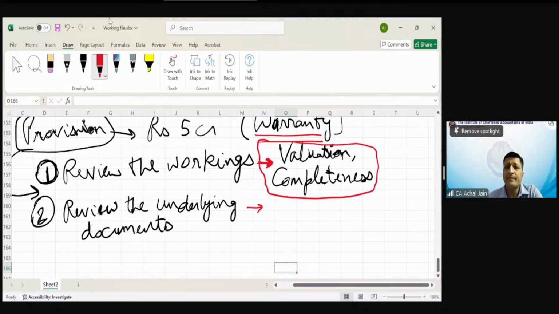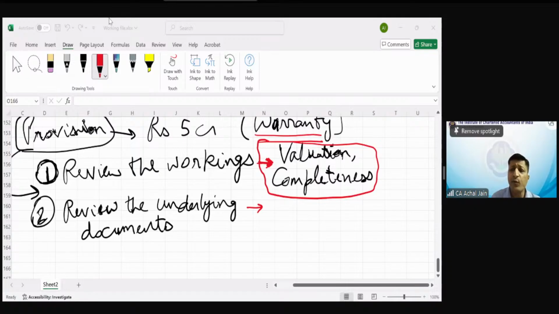Over to you quickly. Okay, so Priyanshi says rights and obligations. Prem says existence, obligation. Okay. Then I think Rihanna is saying valuation, existence, completeness.